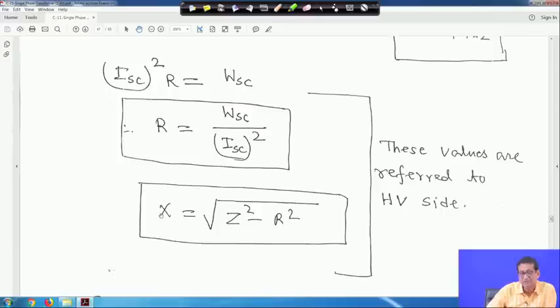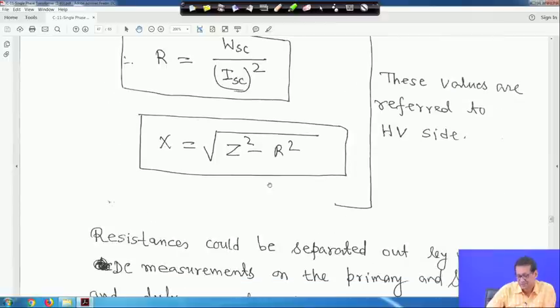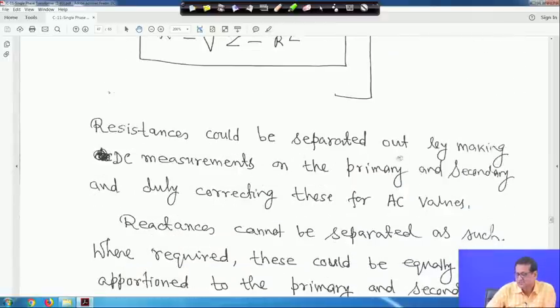X is also X1 plus X2 together, and R is also R1 plus R2 together. But how will we separate these? Generally, resistance could be separated out by making DC measurement on the primary and secondary, and duly correcting this for AC values.